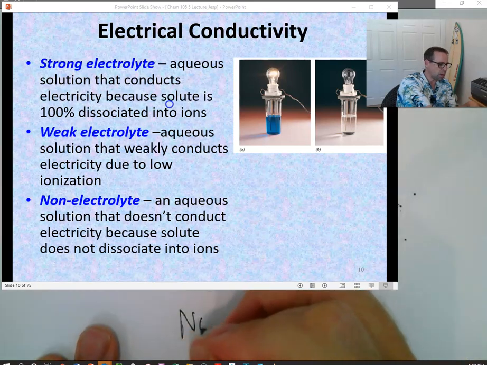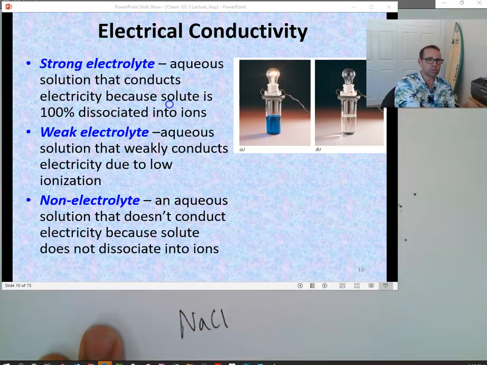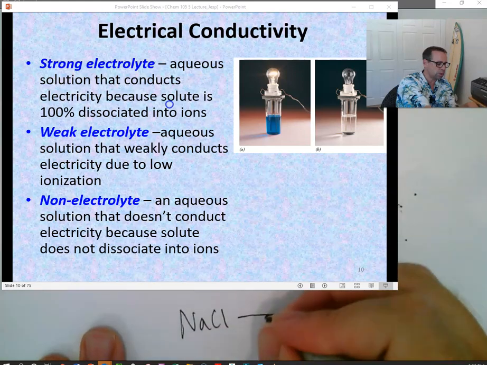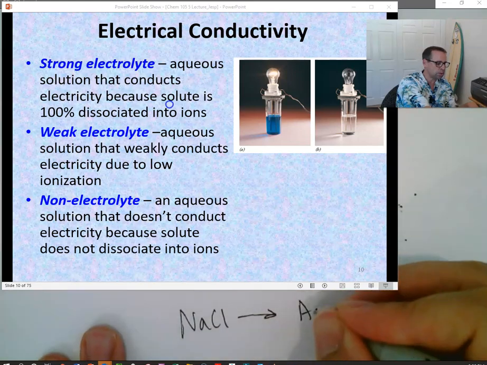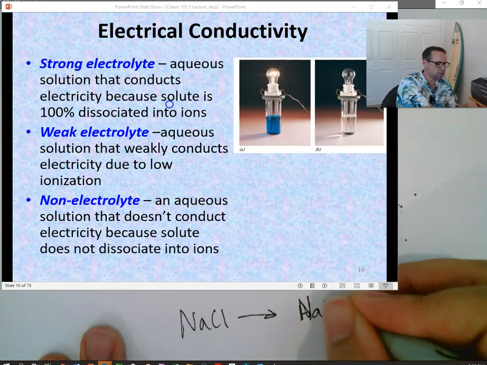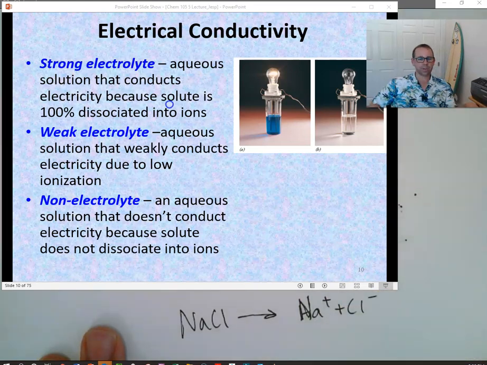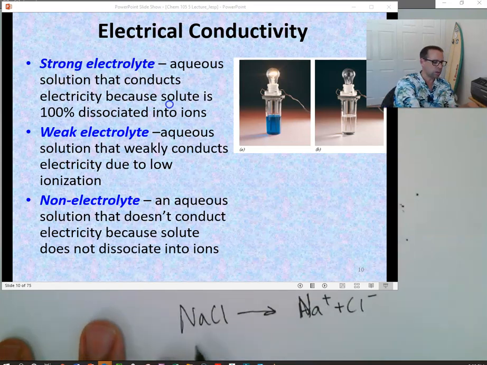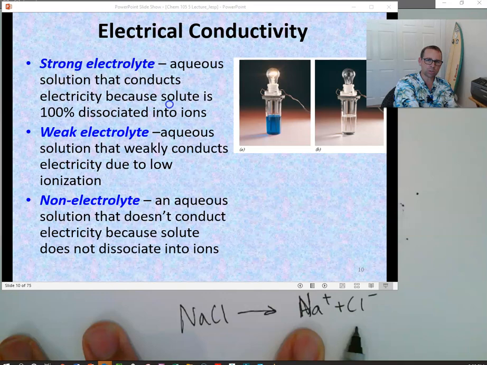So sodium chloride, we say, is a strong electrolyte, because when you put it into water, it dissociates into ions. All right, that's the definition of a strong electrolyte. You put it into water and it completely dissociates into ions.